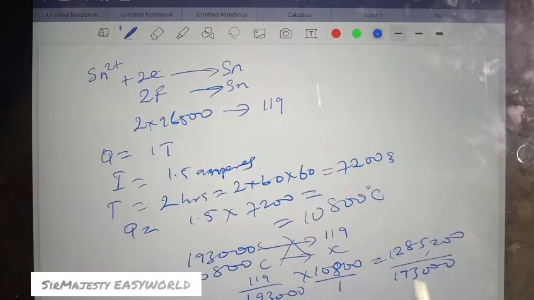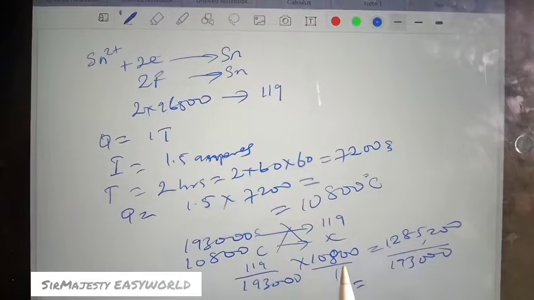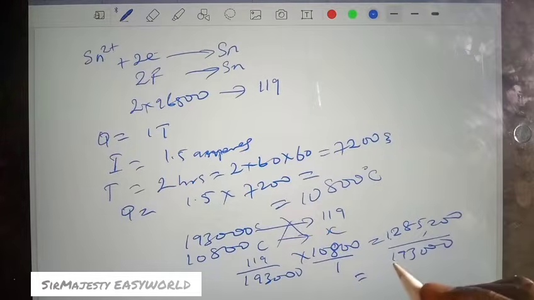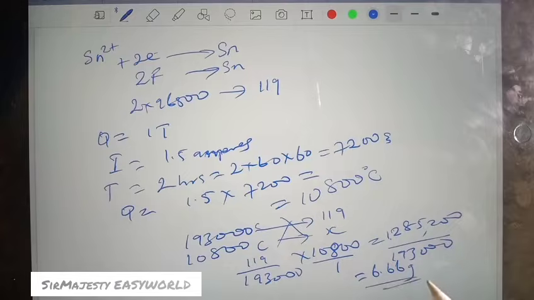So our final answer here is 6.66 grams of tin will be produced.